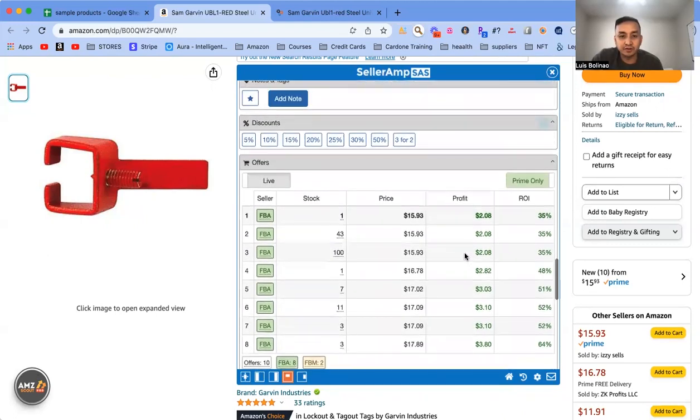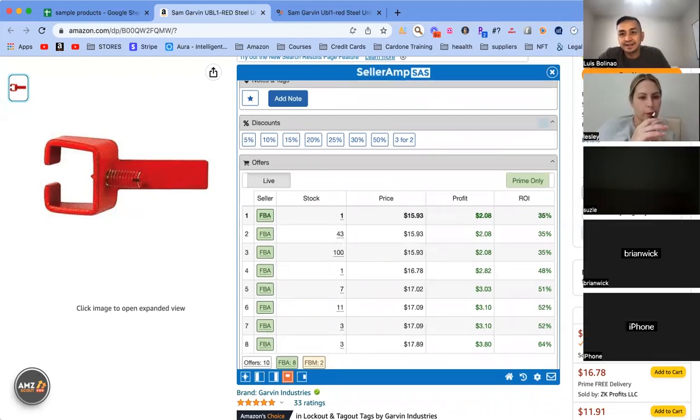This one only has 40 sales a month, and it seems like there's a lot of people in here, right? Do you guys agree? Yeah, I agree. I feel like there's a lot of people here. I mean, these three are fairly priced. Saw a lot of product though.